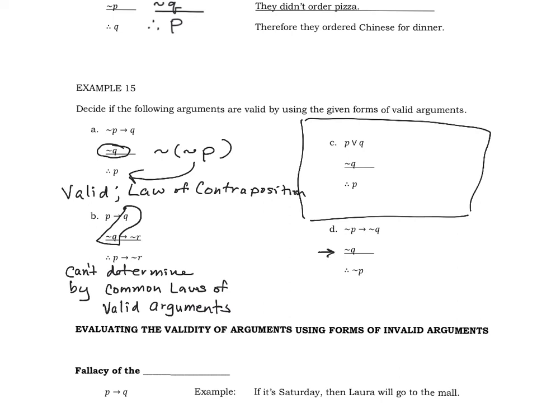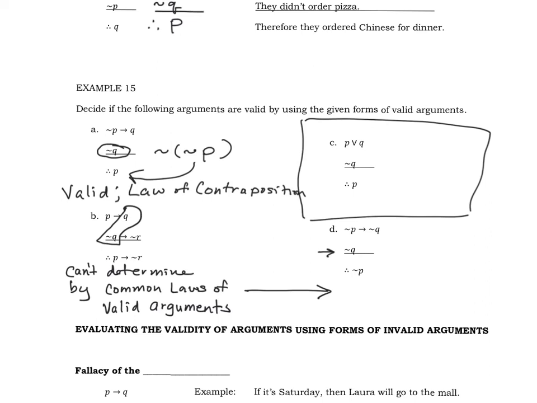So that doesn't really go. Definitely not the law of syllogism. So we're going to say that we can't determine by common laws of valid arguments again. We are going to be able to determine this in a little bit, and I will try to jump back when we're talking about the fallacies. But right now we're using the forms of valid arguments.